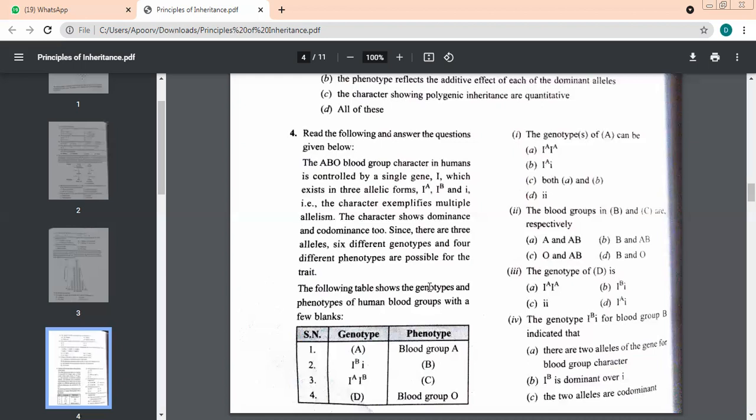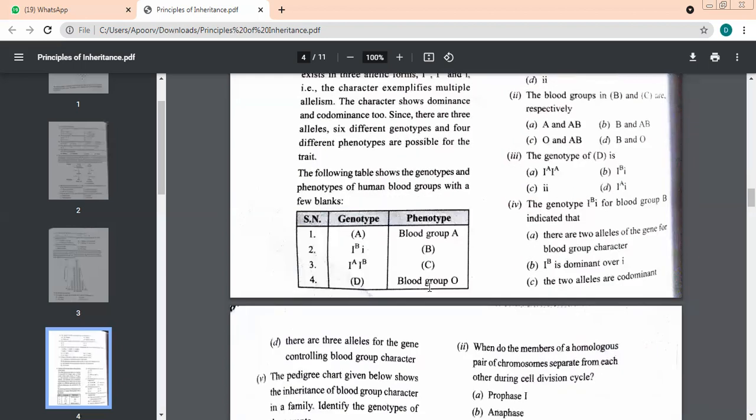Ma'am, is there a fourth option also for the fourth part? Ma'am, is the question continued further? The fourth one. Acha. Okay, now I understood what you're saying. Chalo, I'll show it to you. See the genotype.